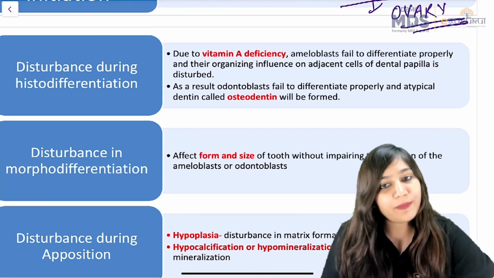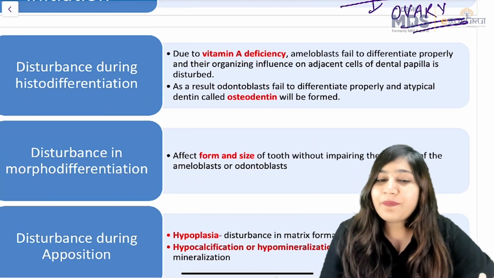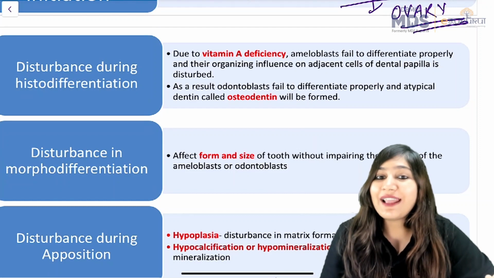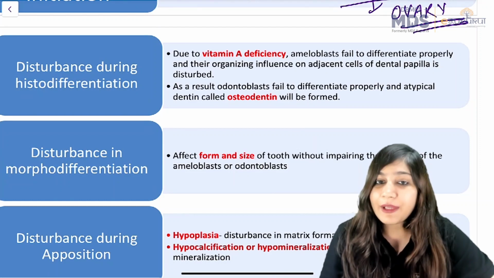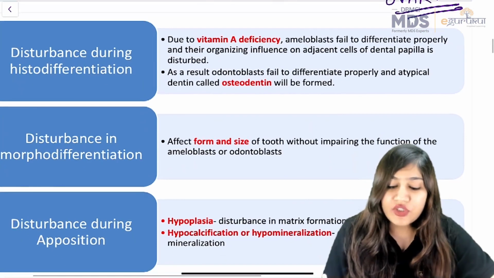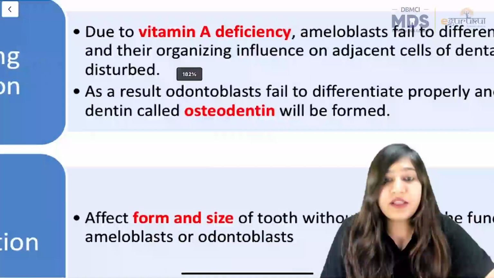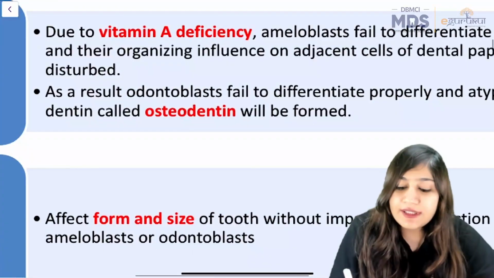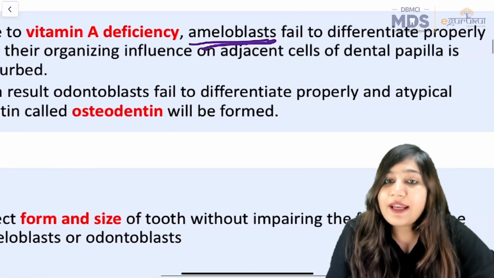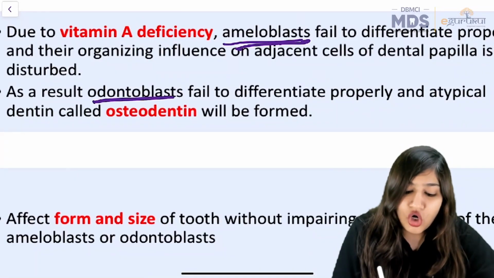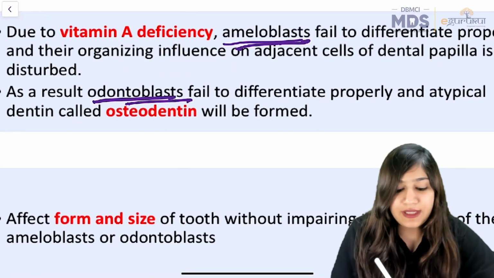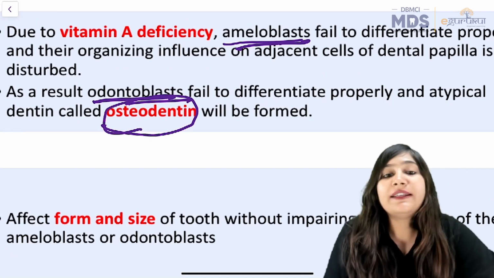So if odontoblast cells are not properly differentiated, then atypical dentine will be formed, and this atypical dentine is known as osteodentine. So due to vitamin A deficiency, ameloblast cells fail to differentiate properly, and as a result odontoblasts fail to differentiate properly and form osteodentine.